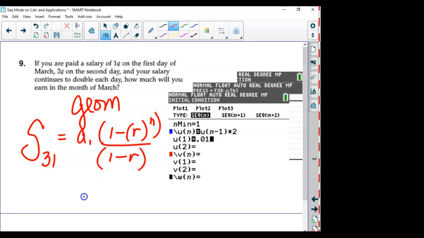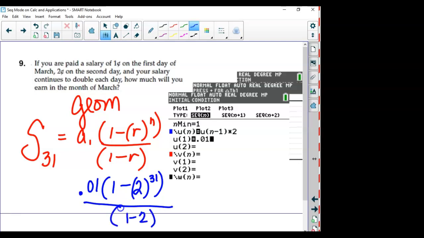Okay, so what is our a sub 1? A measly 0.01. What is our r value? 2. And n is 31 days. Okay, and then we're going to divide that all by 1 minus 2. Okay.